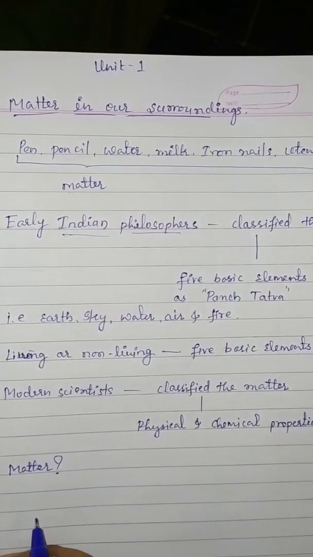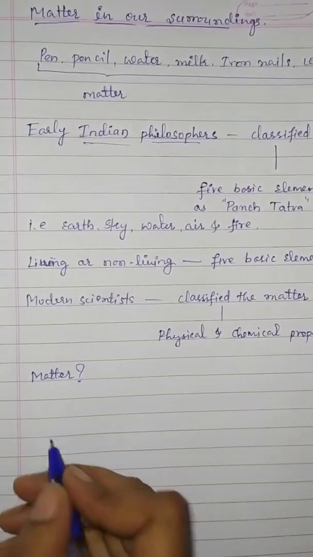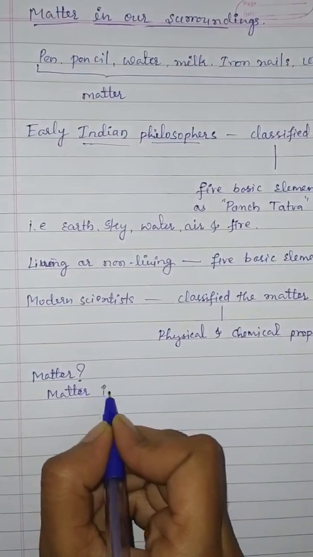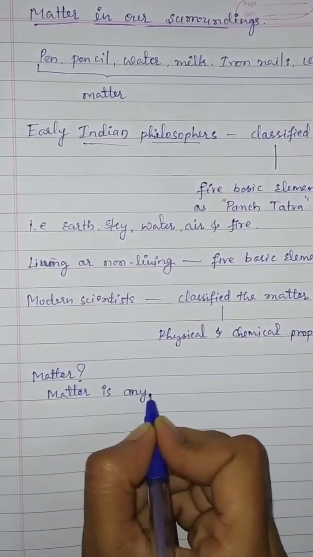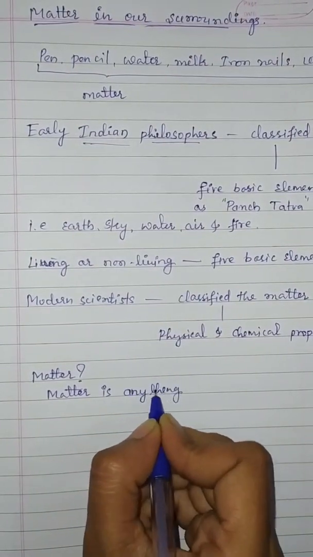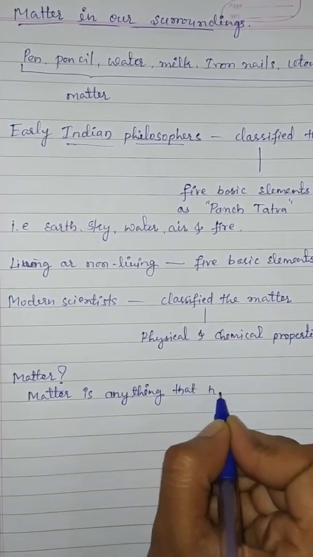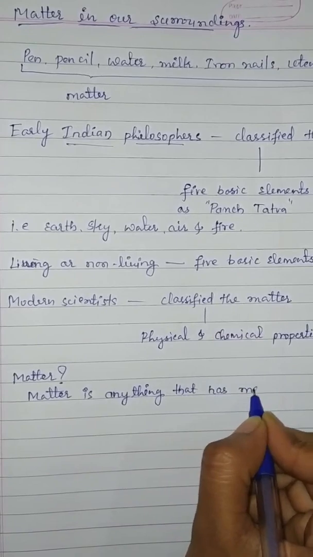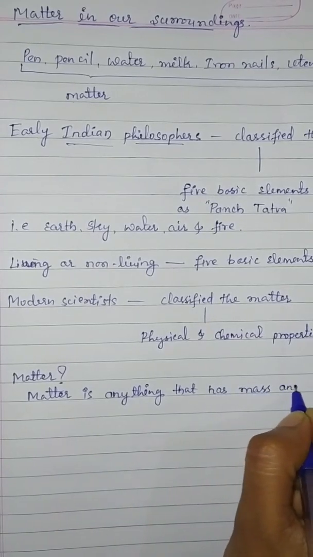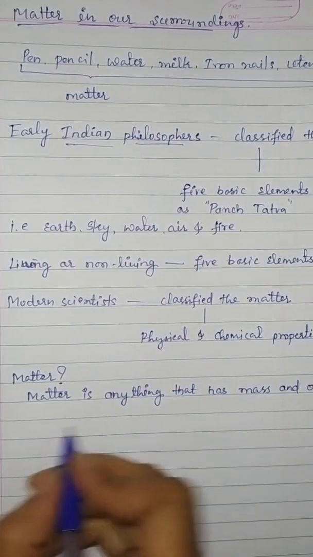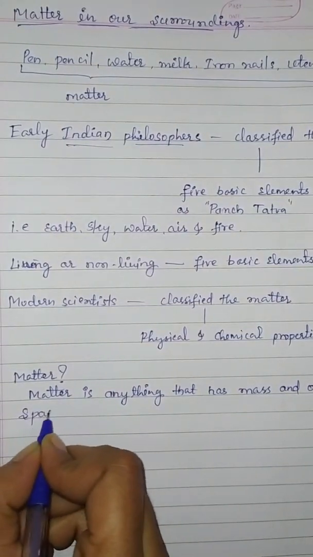What is matter? Matter is anything that has mass and occupies space.